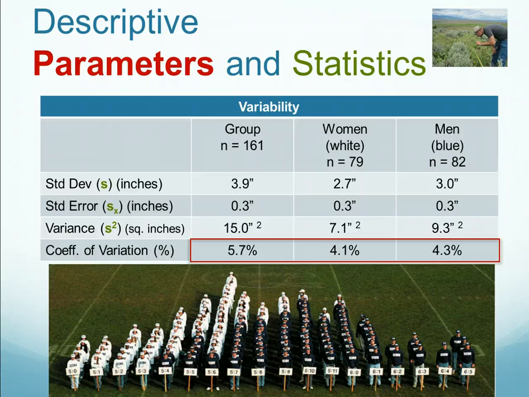So if we were comparing groups that had extremely different means, the standard deviations could be different in size. And so with the coefficient of variation, we relativize the amount of variability relative to the value of the mean.